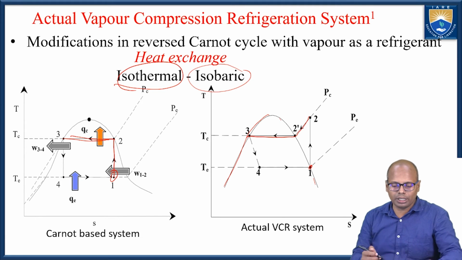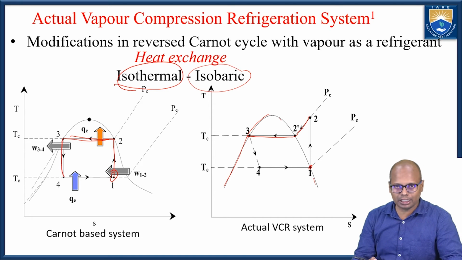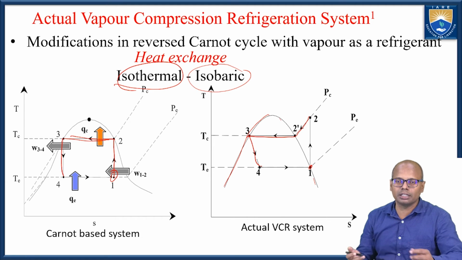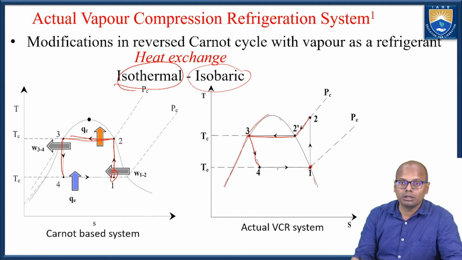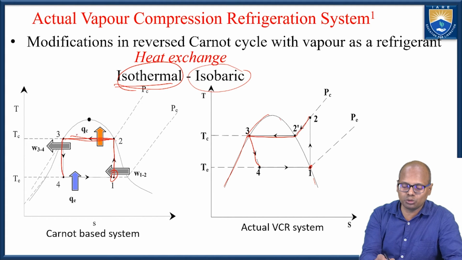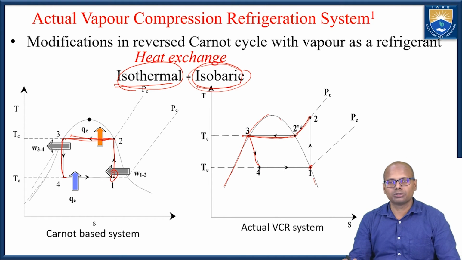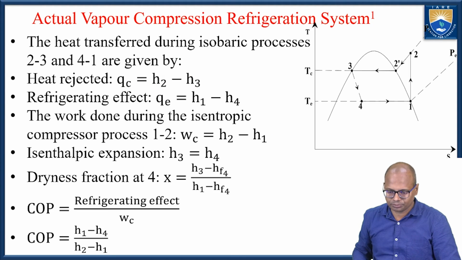So what is the one? One is that the isentropic expansion is replaced by isenthalpic expansion. The other one is that I am replacing the isothermal processes 2 to 3 and 4 to 1 with isobaric, or constant pressure, processes 2 to 3 and 1 to 4 or 4 to 1. So these are the two deviations of the actual vapor compression system from the ideal vapor compression system.